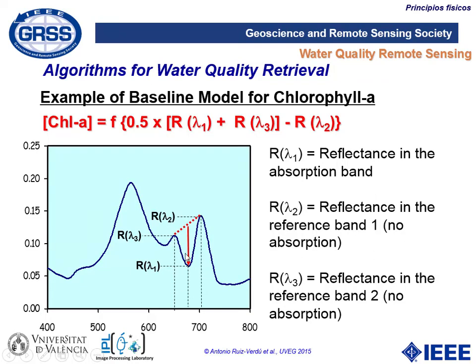And therefore, by measuring the magnitude of this peak under or over this baseline, we can relate this magnitude to the chlorophyll concentration.